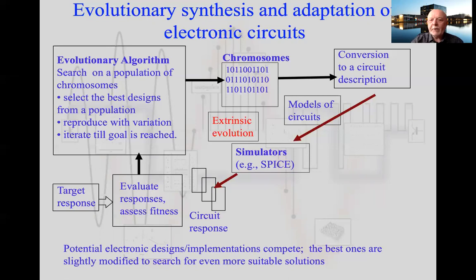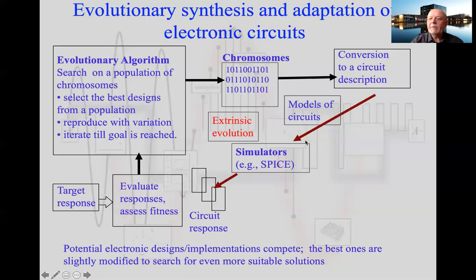And each of those chromosomes could be converted into a circuit description, let's say in SPICE. So these represent various components in your SPICE circuit. So convert these into a circuit description.